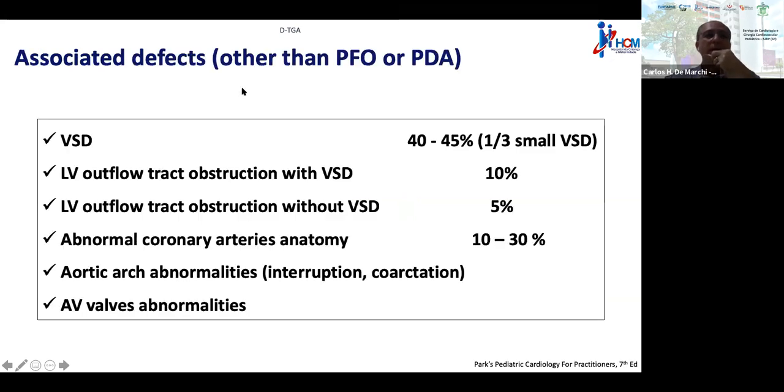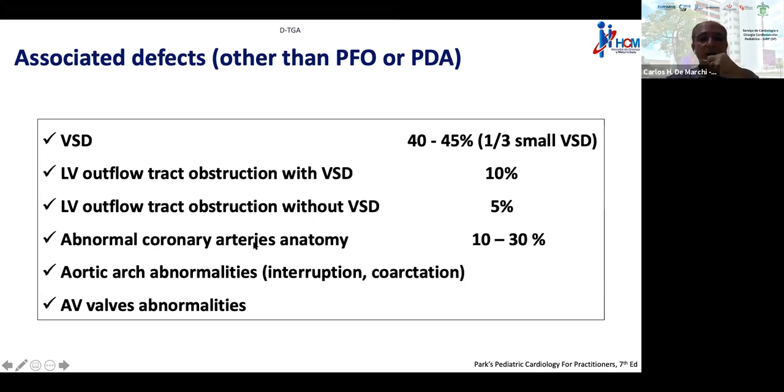Associated defects, other than PFO and PDA that almost all newborns have: VSD is an important associated defect, 40 to 45%, but one third of these are small VSDs. Left ventricular outflow tract obstruction with VSD, 10%. Left ventricular outflow tract obstruction with intact ventricular septum, 5%.